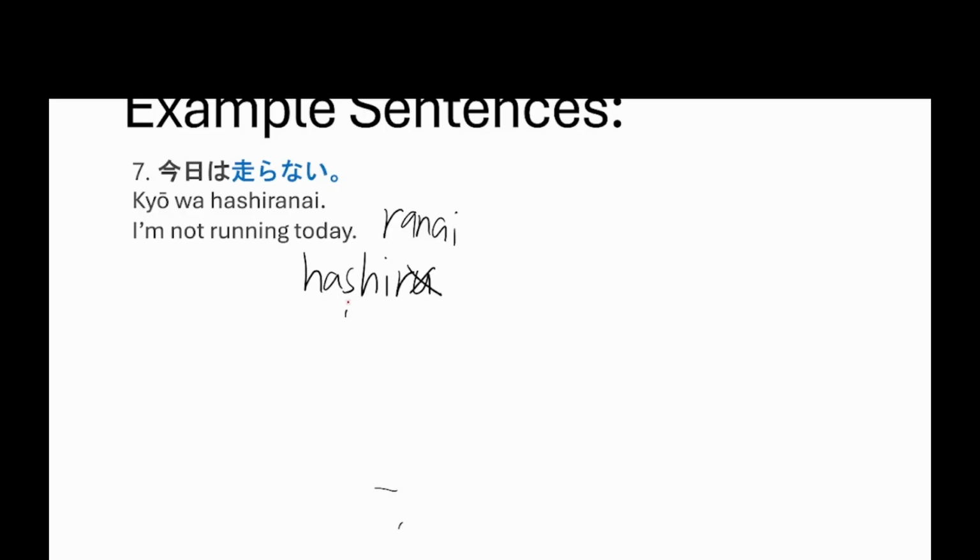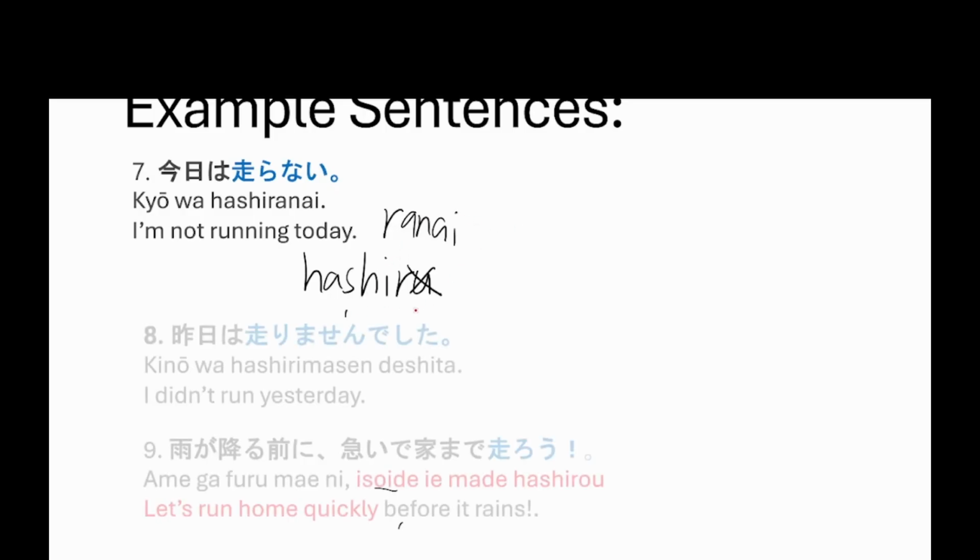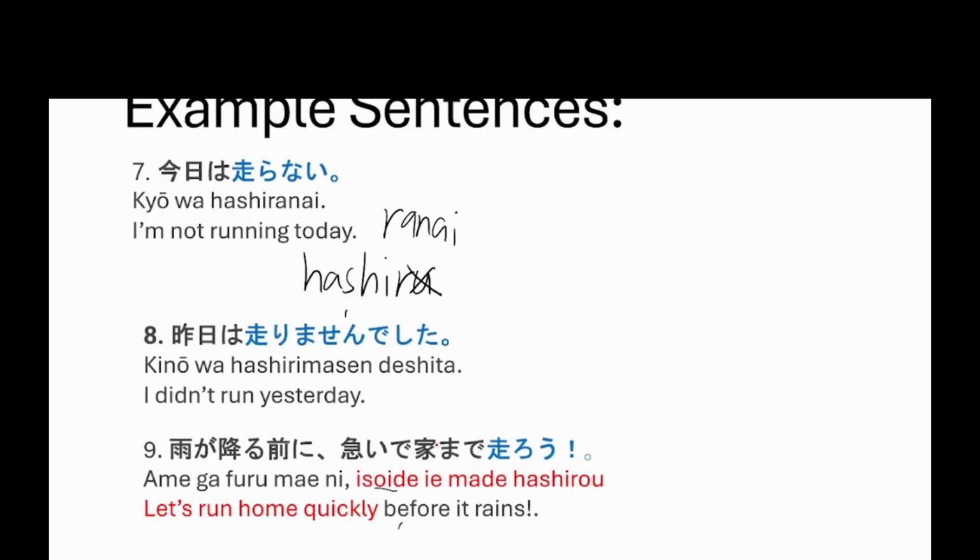So it becomes hashiranai. And then the next sentence is kino wa hashirimasen deshita. I didn't run yesterday. And then next we have ame ga furu mae ni isoide ie made hashiro. Let's run home quickly before it rains.